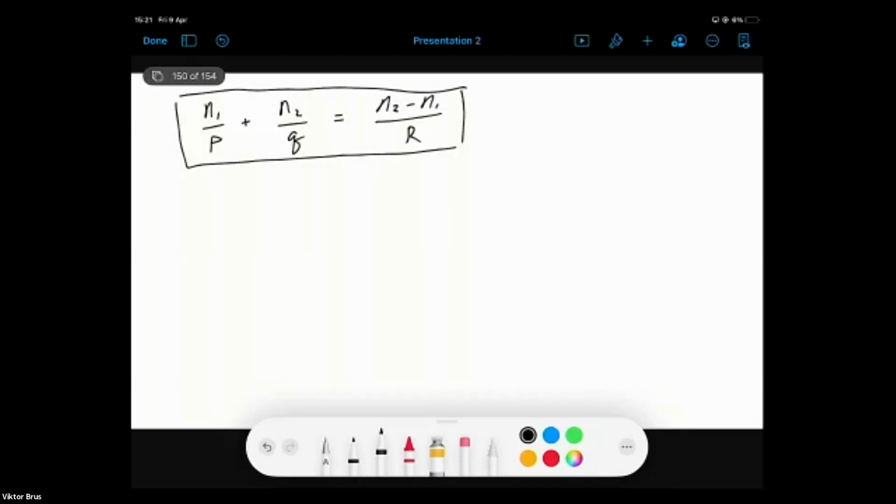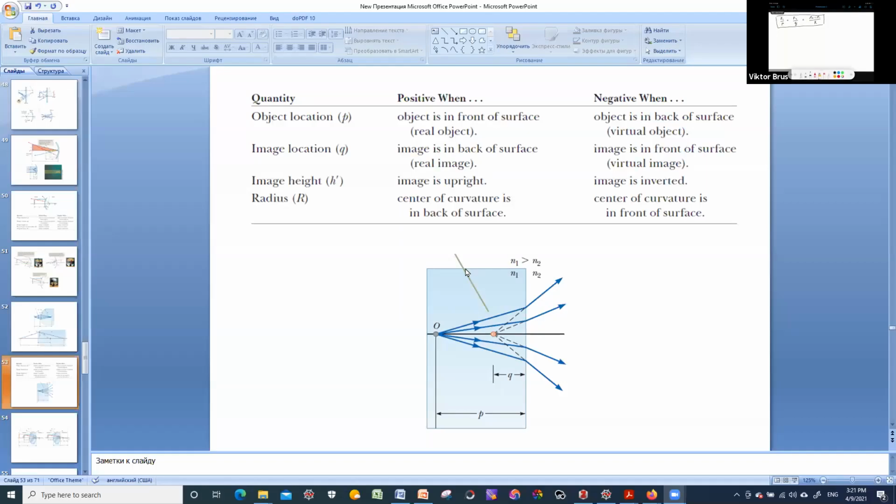Sorry, somehow it didn't work and you didn't see the image. Okay, so this is what I was talking about. So here is the object in some medium, and there is a flat interface.